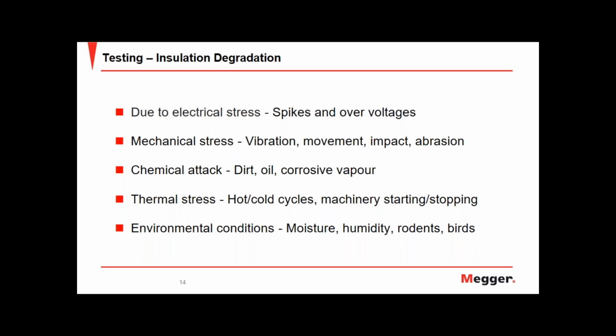They often go on load and offload, and as a result, you have hot and cold cycles that can affect the thermal stress of the insulation material. And then, of course, we've got environmental conditions. We've got moisture to worry about. That can creep into our insulators. The humidity it's operating in. And then we have issues with rodents and birds that can damage or leave their deposits on our assets.